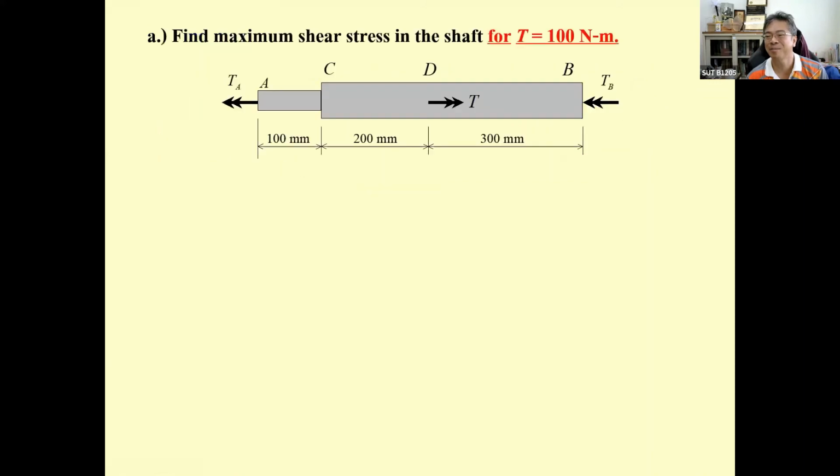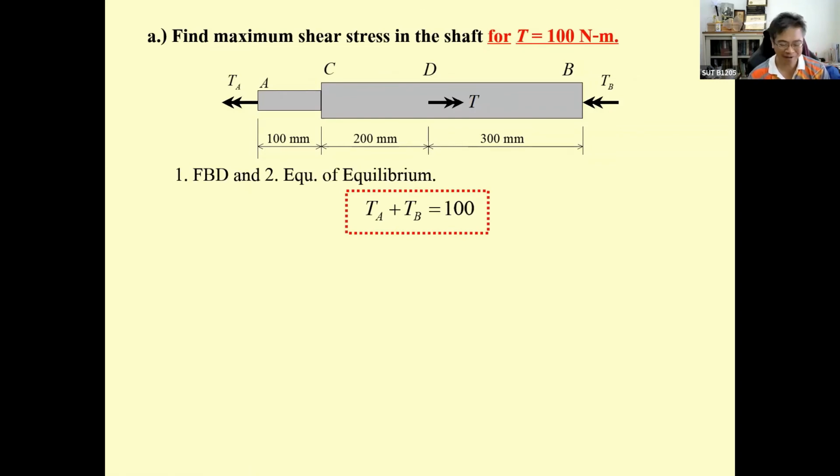Free body diagram and equation of equilibrium to determine the internal portion. Based on this free body diagram, all the torsion is passing to the centroid of the section. If you do the summation of M sub x equal to 0, putting this one as the positive, this is going to be x, this is going to be y, you're going to get this equation.